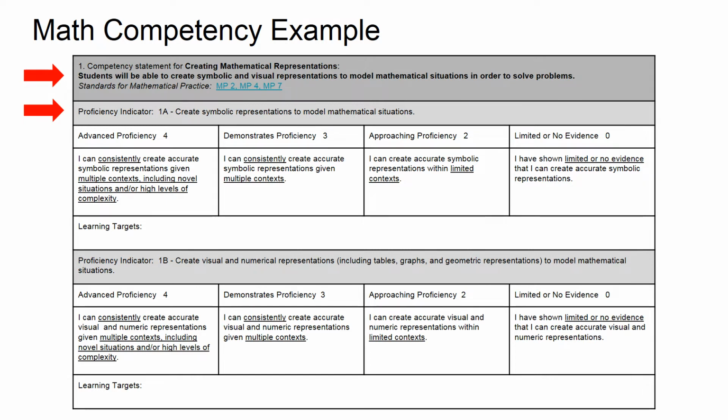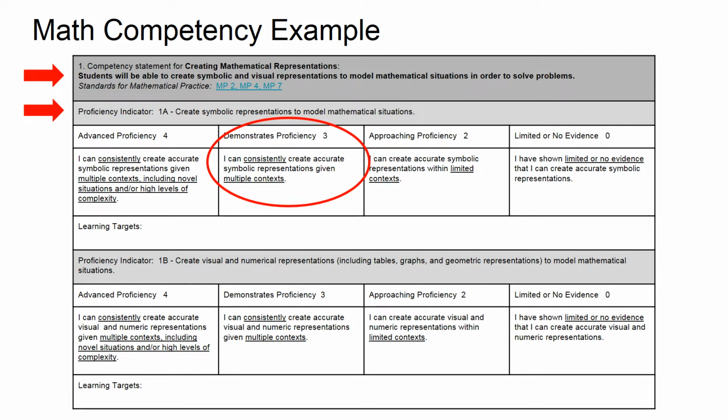For example, this is the ability to construct a linear function in the form y equals mx plus b. A student who demonstrates proficiency for Performance Indicator 1A can consistently create accurate symbolic representations given multiple contexts. The student in this case would earn a score of 3.